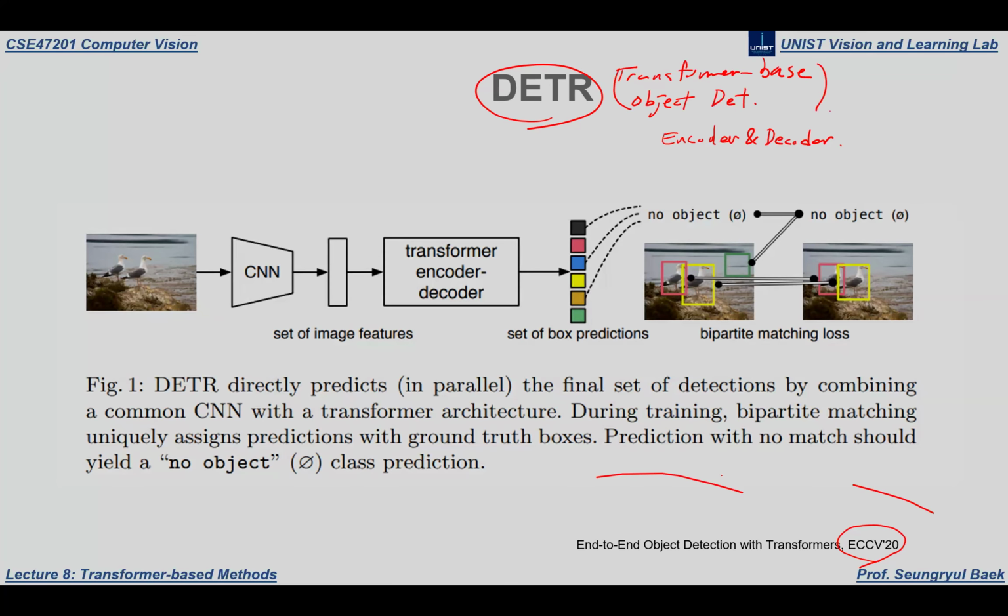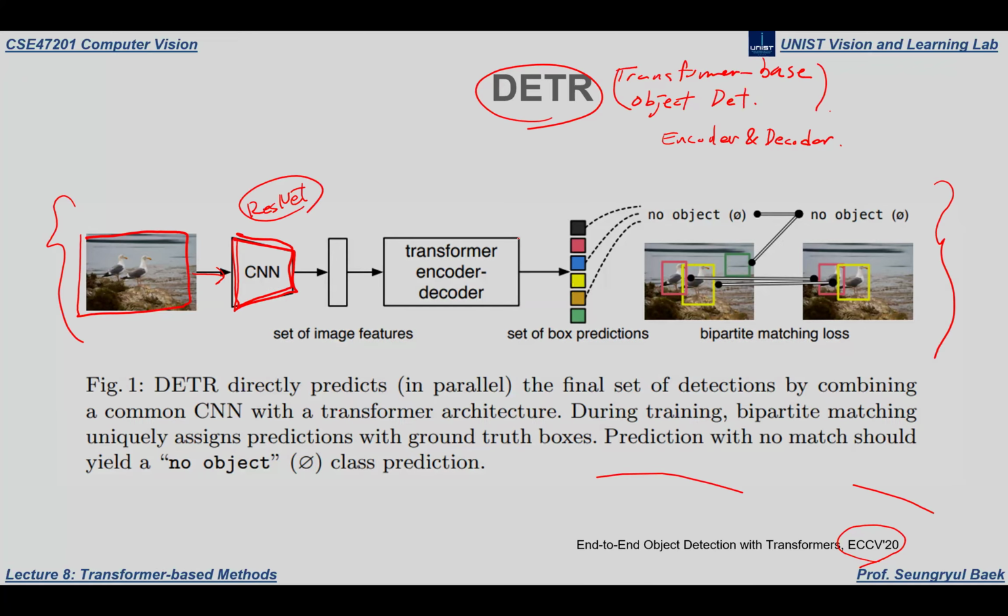Okay, and this is the architecture of DETR. From the image, rather than using the 16 by 16 patches, in DETR they first extract the image features using ResNet. So they are using a state-of-the-art image feature extractor.